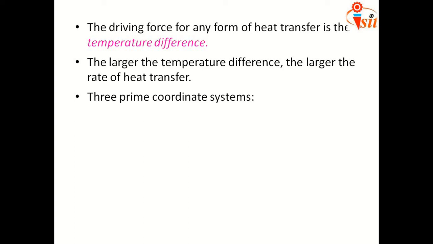Three prime coordinate systems we are using here. First is the rectangular system, in which we need to find the values of x, y, z, and t is the time. Cylindrical coordinates: radius r, angle, and z, height.